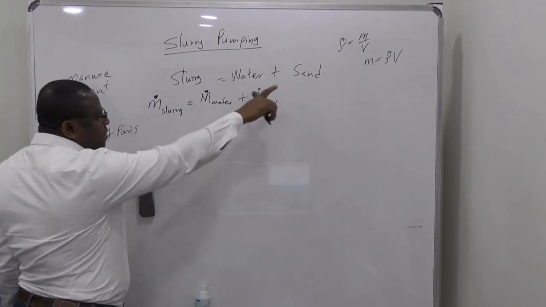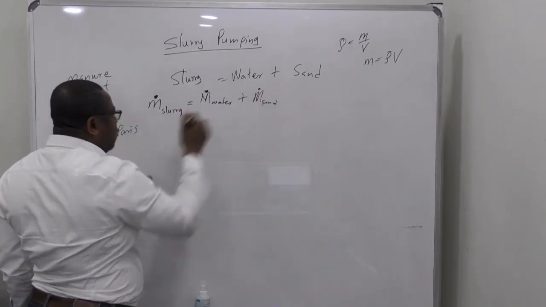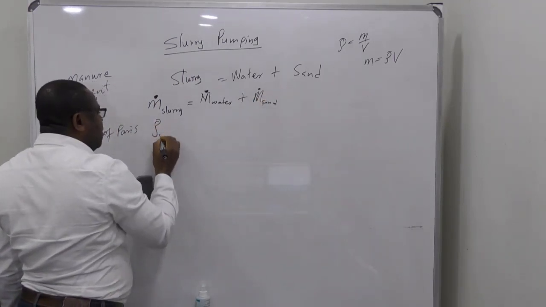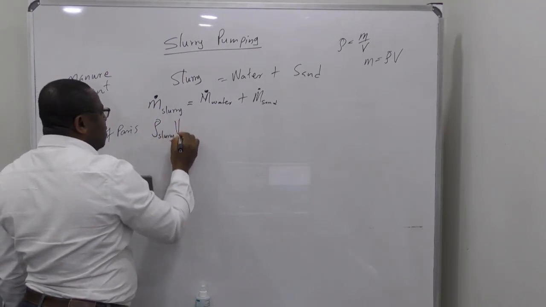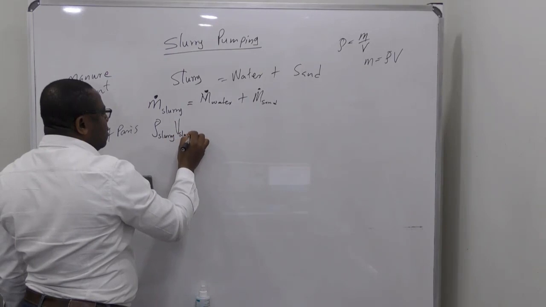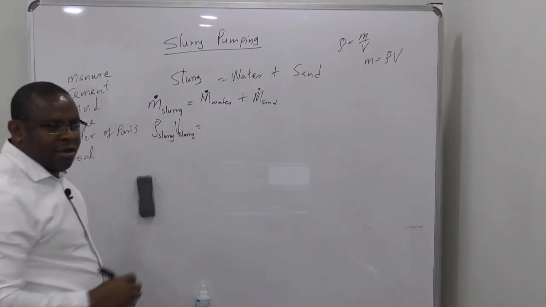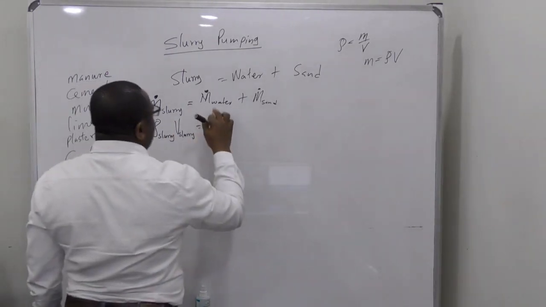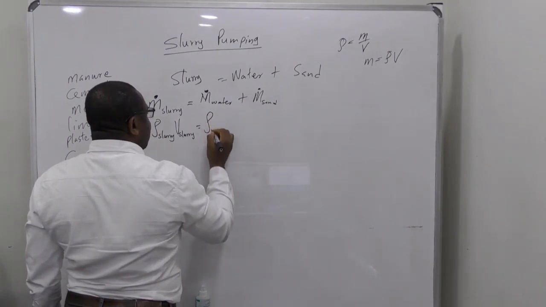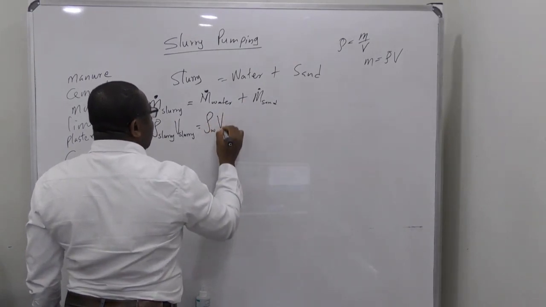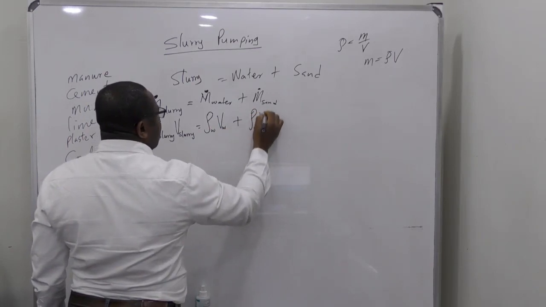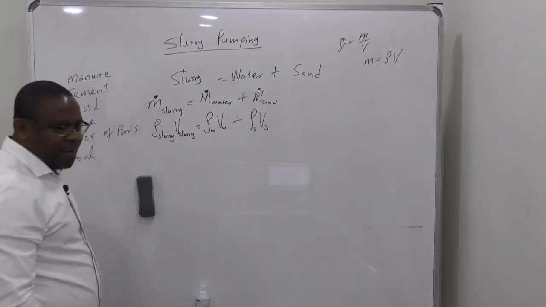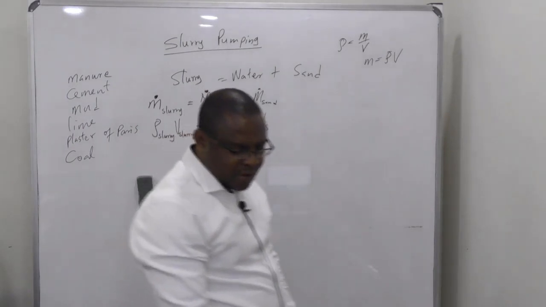So mass is density times volume, so it can be density of slurry times volume of slurry. Okay. Now you said this is the same thing as for water, is density of water by volume of water plus density of sand by volume of sand.